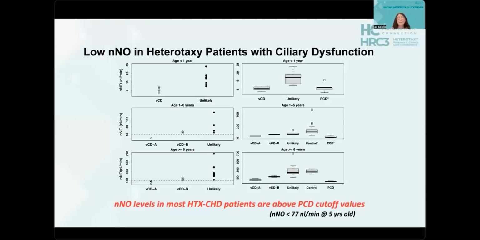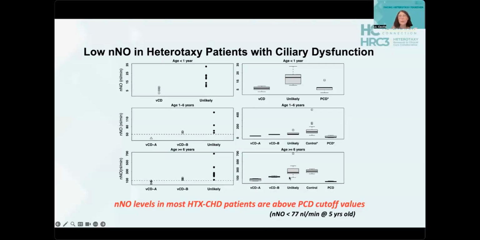And what we found is that patients with ciliary dysfunction exhibit very low nasal NO. So this is measuring nasal NO in nanoliters per minute. We just look at the bottom right, at subjects that are greater than 6 years of age. And these are patients with ciliary dysfunction, PCD, A, B. And then here are the controls, and here are the congenital disease heterotaxy patients with normal ciliary motion, and here are the PCD subjects. And you can see the PCD subjects had very, very low nasal NO.